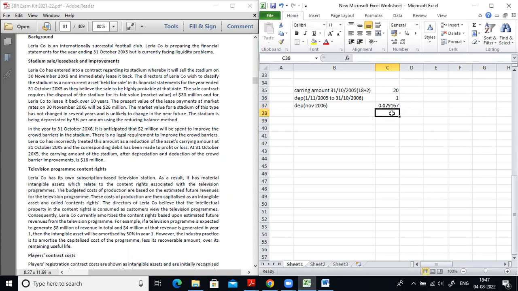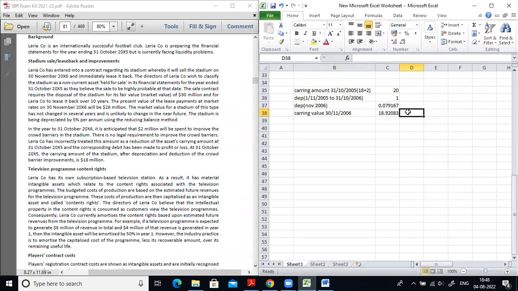So the carrying value will be 20 minus 1 minus 0.07. So you will be getting the carrying value as on 30th November 2006.